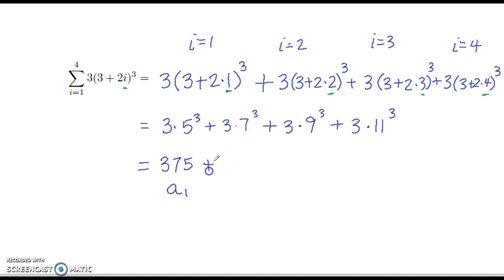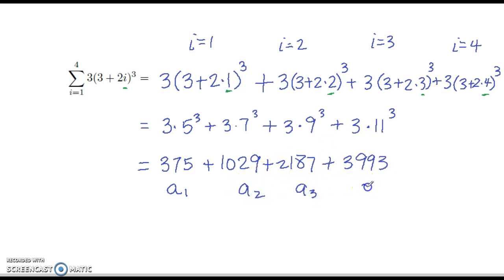Then plus 1029 plus 2187 plus 3993. So that's your a1, a2, a3, a4. You represent this sum of 4 numbers as the sum right here. And when you add them all up, it equals 7,584. This is the value of the sum.